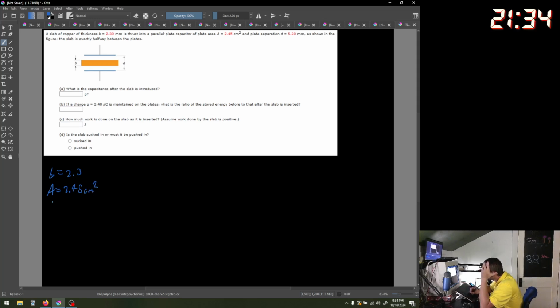And the plate separation is 5.2 millimeters. I would like it if we convert all of these into proper units immediately. They want it in picofarads anyway, so this is going to be more converting.